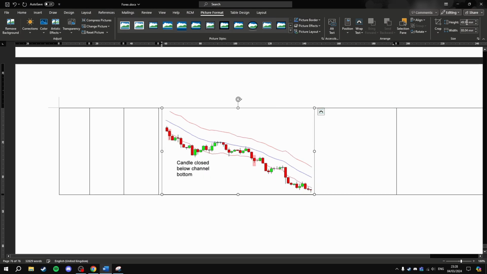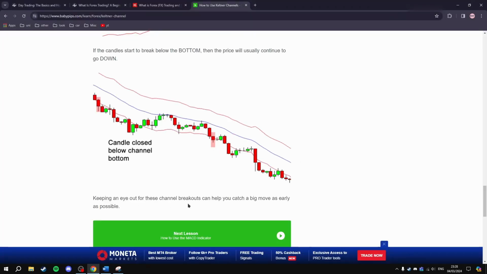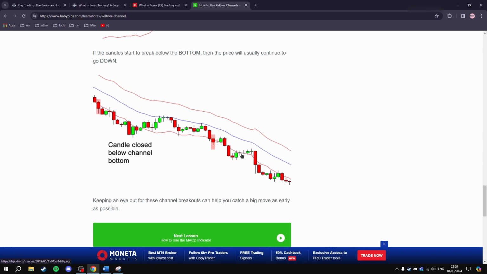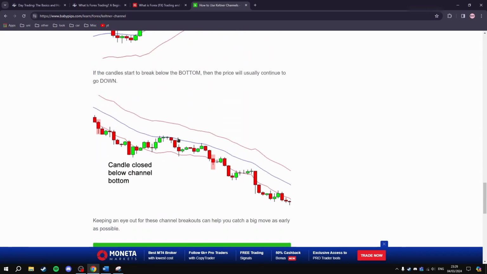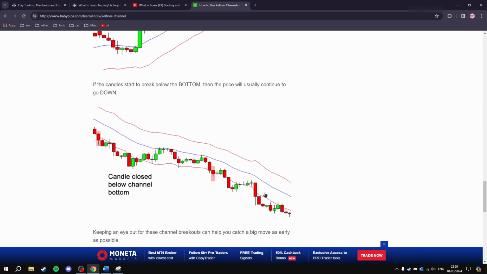So keeping an eye out for these channel breakouts can help you catch a big move as early as possible. So we can see the candle closing below the bottom and then it keeps going down. There's another one closing below the bottom. Follow the outside line as well, maybe.